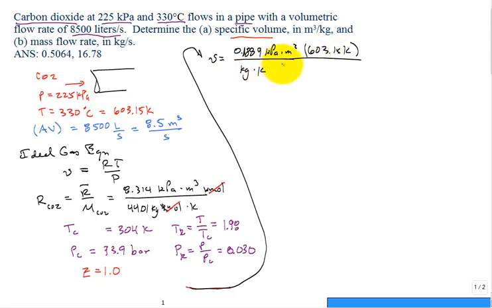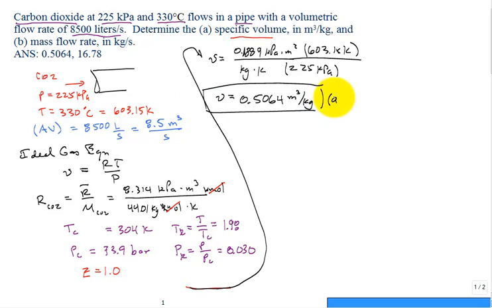The pressure is 225 kPa, and we get a specific volume of 0.5064 meter cubed per kilogram. Box it, call it the answer for part A.